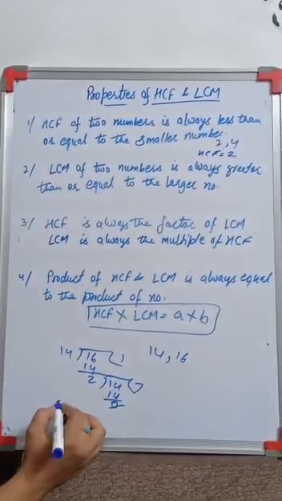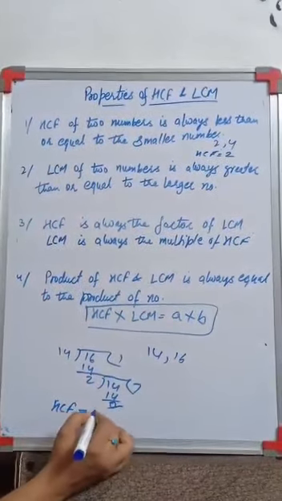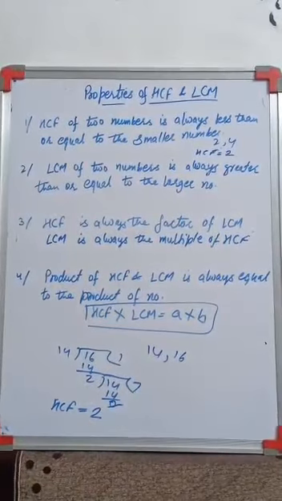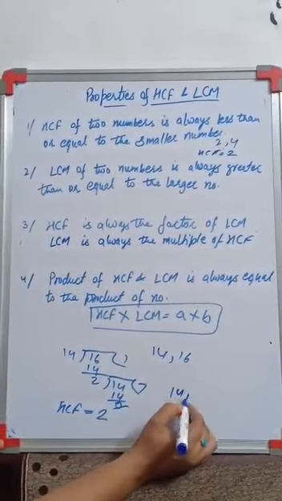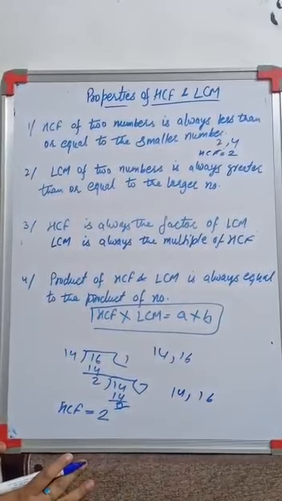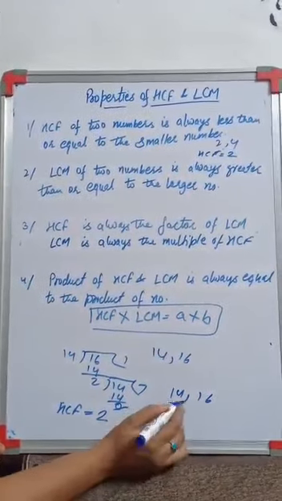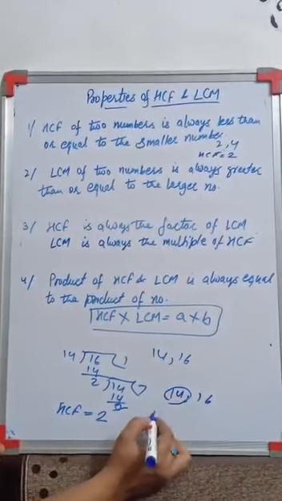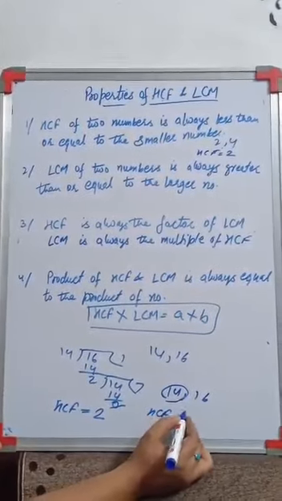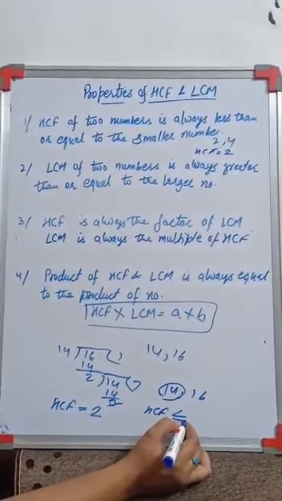So the HCF is 2. Which one is the smaller number? Smaller is 14. So the HCF is always smaller than or equal to the smaller number.